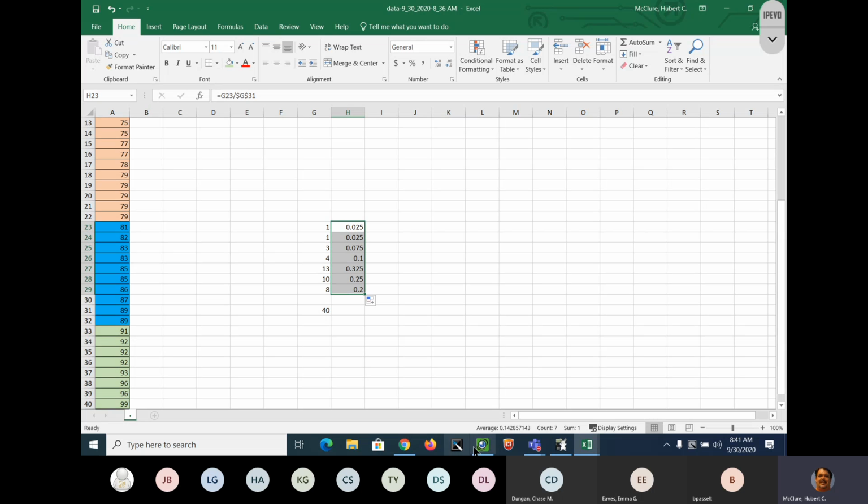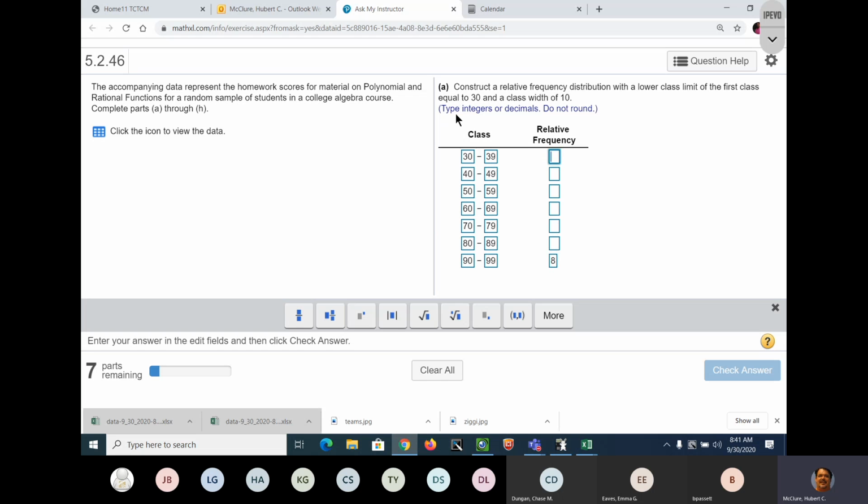So now I go back to the question. And let's see, it says type in integers, do not round. So that's going to be 0.025, 0.025, 0.075, 0.1, 0.325, 0.25, and 0.2.